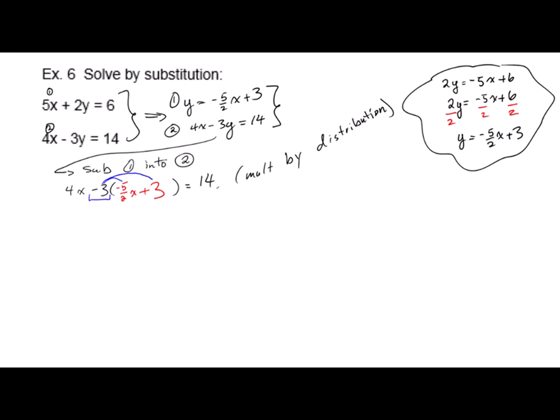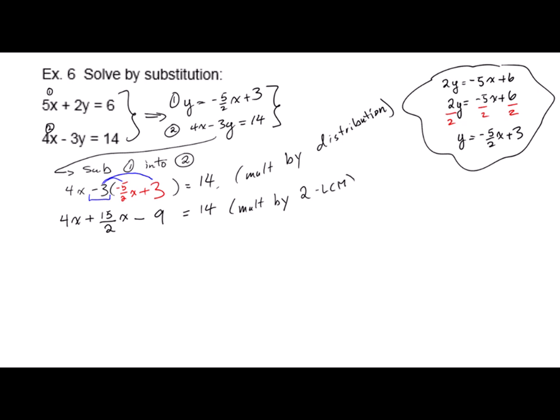So we're going to get 4x plus 15 over 2x minus 9 equals 14. So the next thing that I'm going to do in order to make my life easy is I'm going to multiply everything by 2.